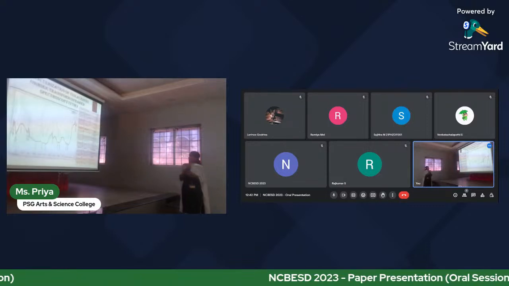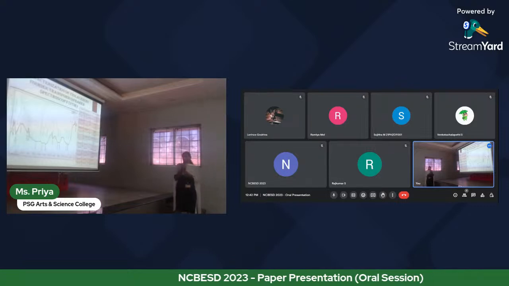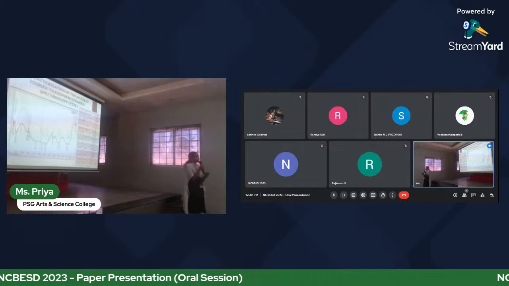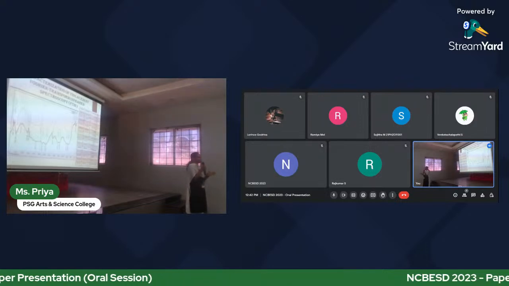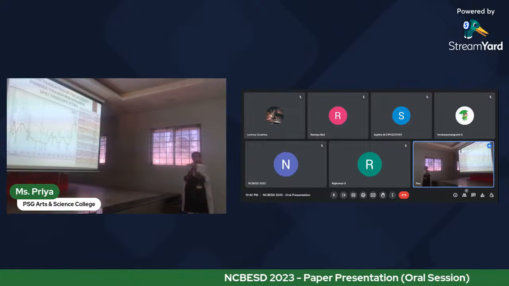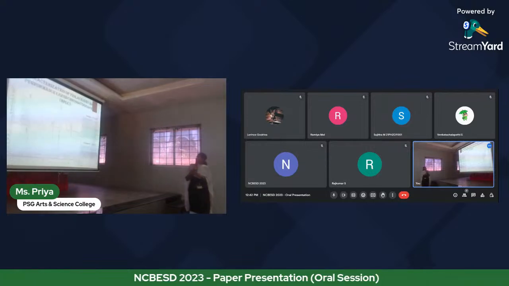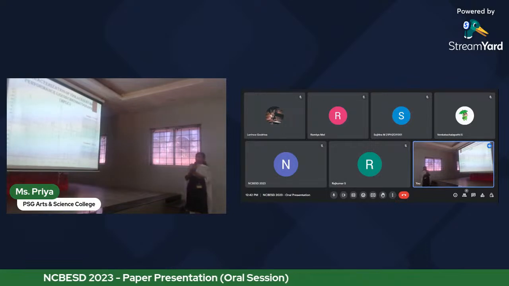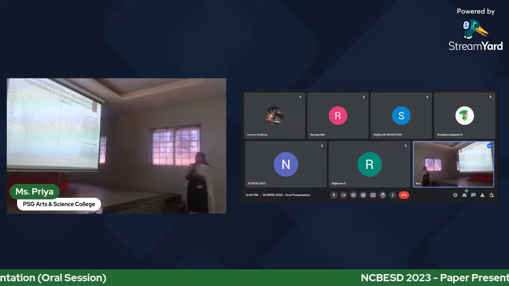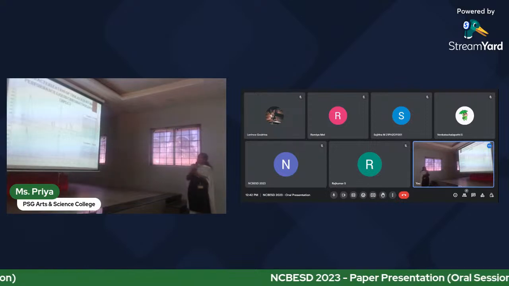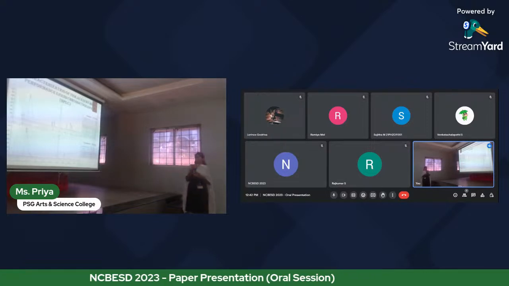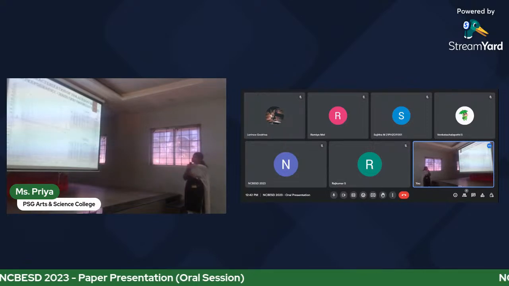FTIR spectroscopy was done. The predominance of amine and nitro groups was found, which is structurally similar to violacein. Thus, it could be suggested that the extracted pigment could be violacein. And in HPLC also, we got a predominant peak at a retention time of 12, which revealed that it could be violacein, which was correlated with the standard violacein.